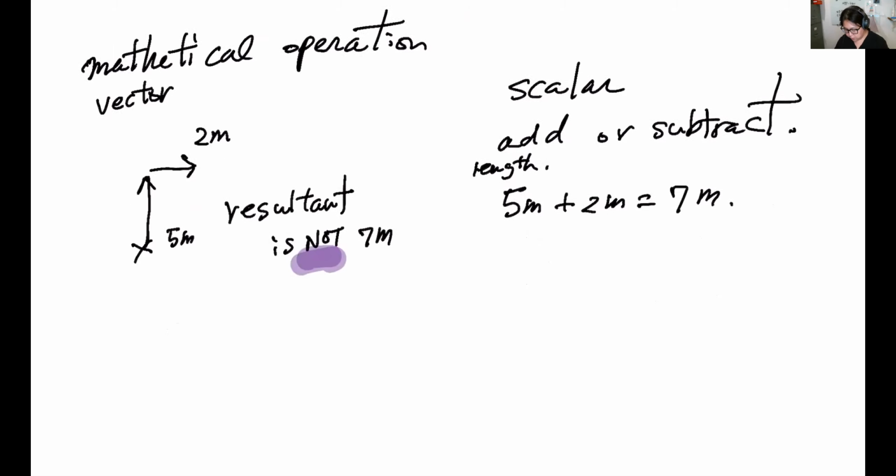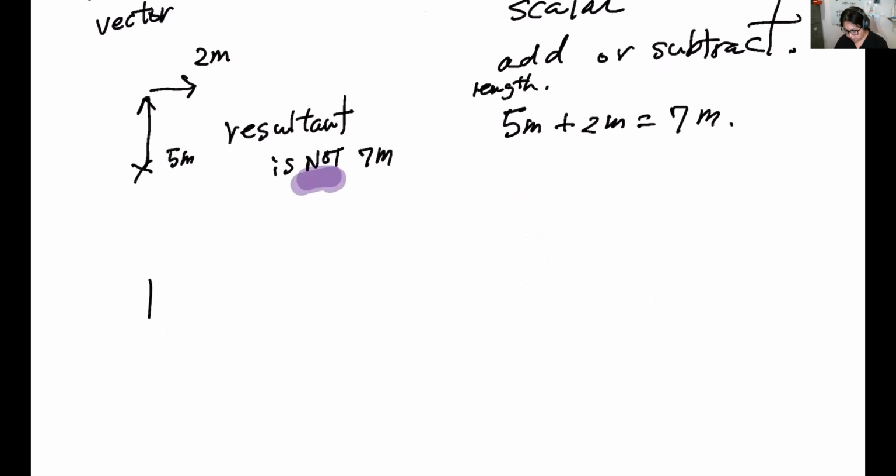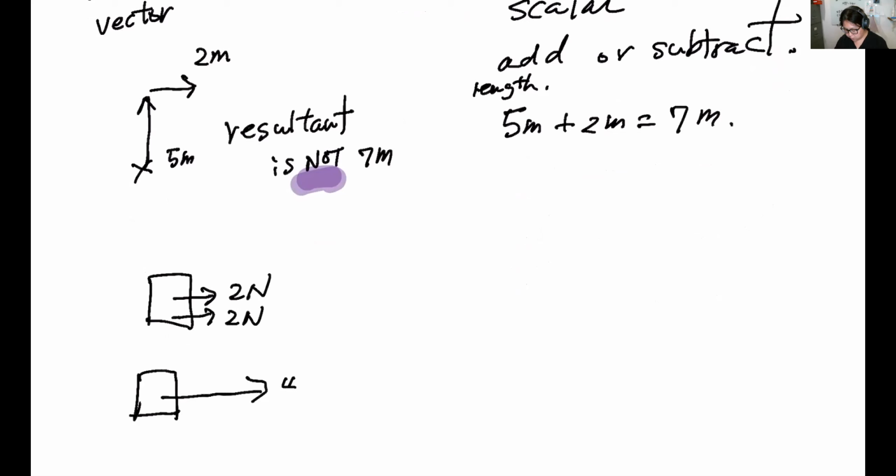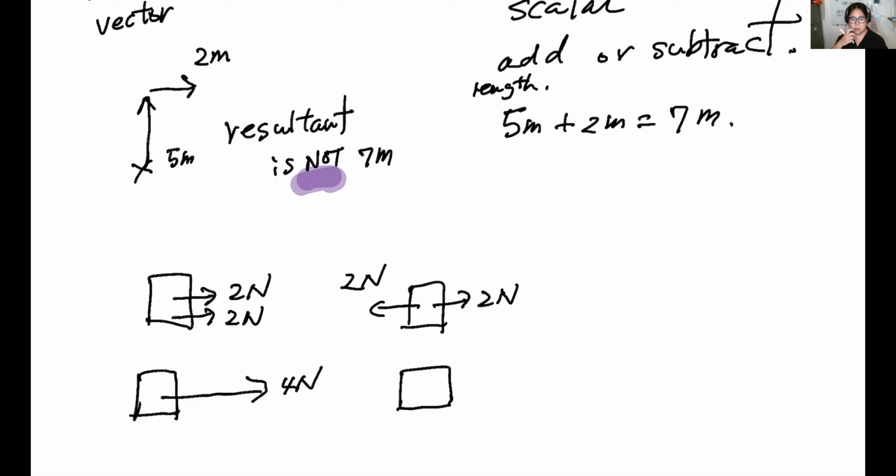Let's do a simpler one. If I push this object 2 Newton to the right, and then I push this object another 2 Newton to the right, then this object overall will have 4 Newton to the right. But the same thing, 2 Newton to the right, 2 Newton to the left: what is the resultant on this box now?